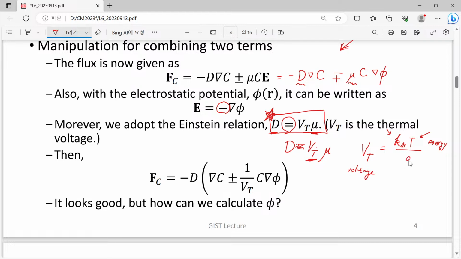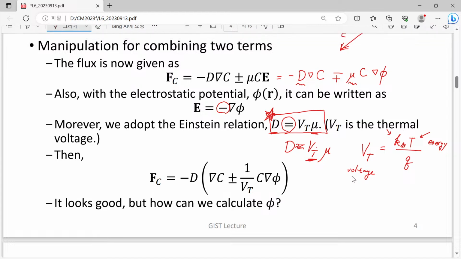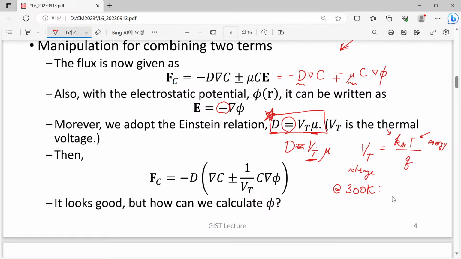By dividing this thermal energy by the elementary unit charge q, we have the voltage unit. This is the expression for the thermal voltage, and maybe it is good to know the value at 300 Kelvin. So what is it? Do you have any idea about the value of the thermal voltage at 300 Kelvin, room temperature?